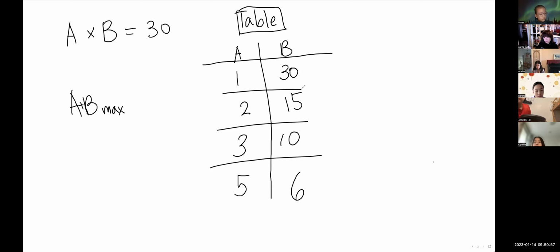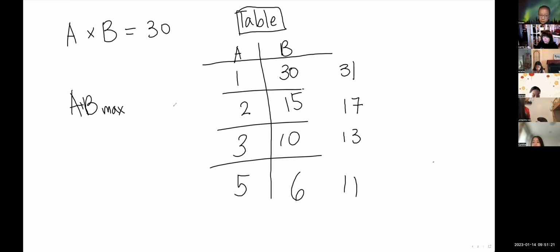Now after you do that, who can calculate it? What is A plus B? So 31, 17, 13, and 11. Everybody, did you notice that when we know two numbers added together, to make their product bigger, you need to make these two numbers closer? Remember last week?